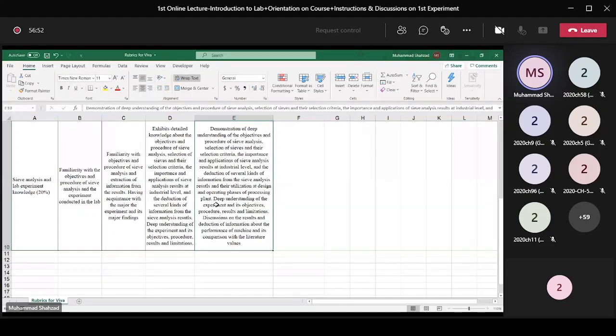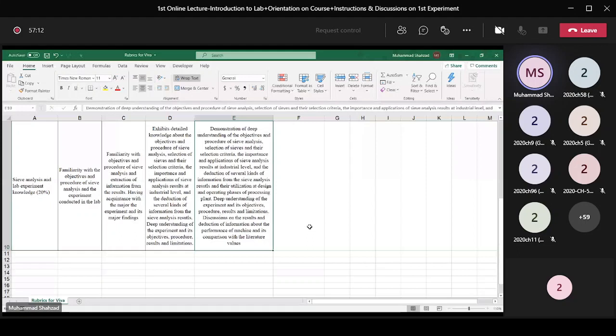Deep understanding of the experiment and its objectives, procedure, results and limitations, discussions on the results, deduction of information about the performance of the machine and its comparison with the literature values. So these are the maximum marks for such kind of knowledge during the Viva.